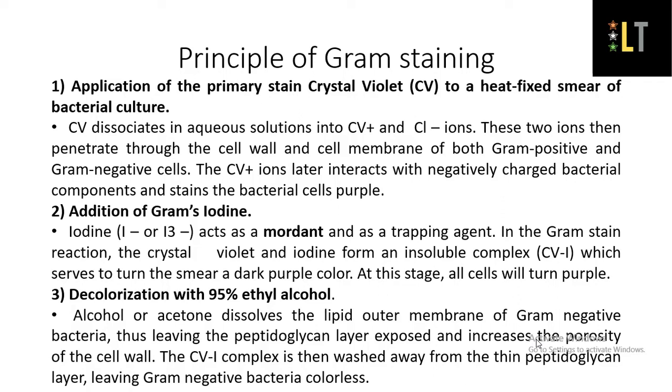The third step is decolorization with 95% ethyl alcohol. Alcohol or acetone dissolves the lipid outer membrane of gram-negative bacteria, thus leaving the peptidoglycan layer exposed and increasing the porosity of the cell wall. The CV-I complex is then washed away from the thin peptidoglycan layer, leaving gram-negative bacteria colorless.